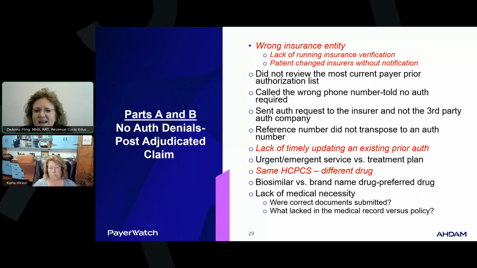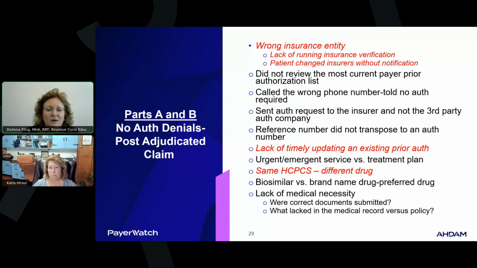Or number three, if the HCPCS is the only information about the drug on an authorization. My approach to appealing is that the physician ordered a drug, not a HCPCS code. Now, if the drug is not documented on the auth, a strategy in appealing is to base the denial on the fact that you're requesting an auth for a drug, not a code.